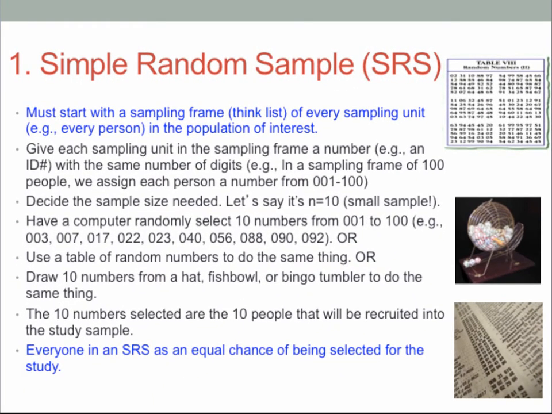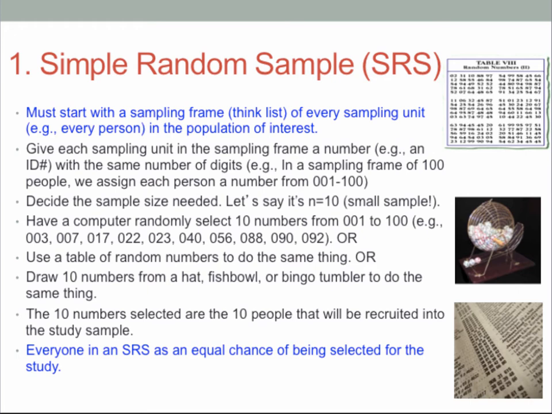Another technique is just like doing bingo. We can put numbers from 1 to 100 in a bowl, in a hat, in a bingo tumbler, and draw 10 numbers. The 10 numbers selected are the 10 people that will be recruited into your sample.